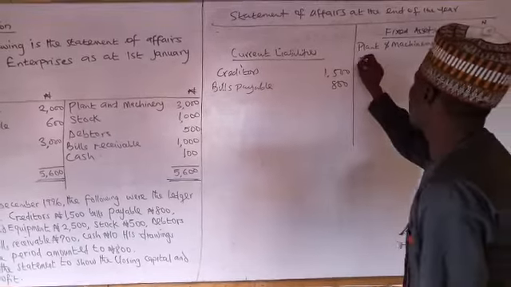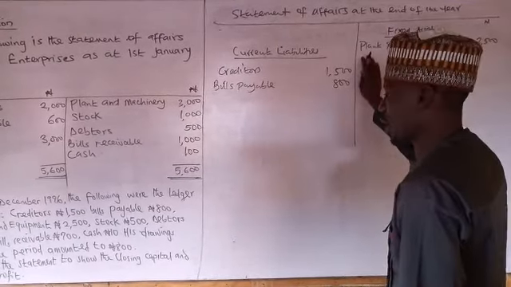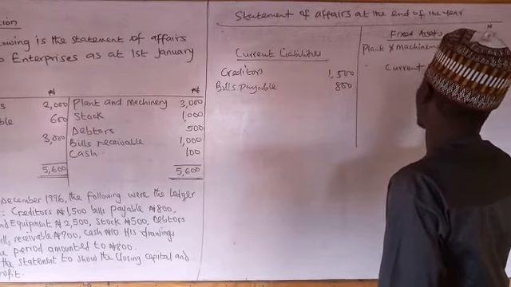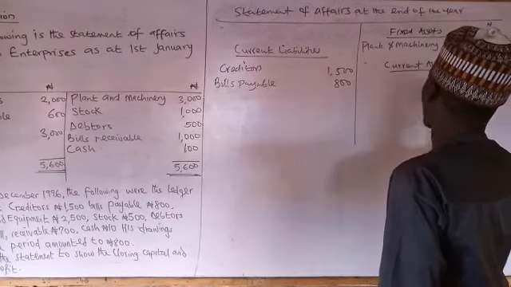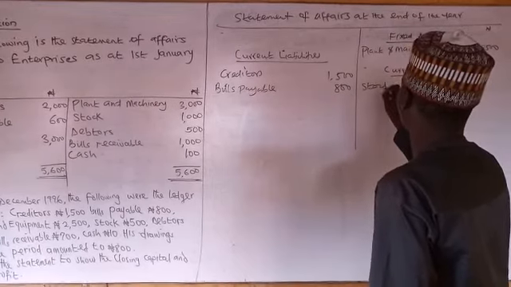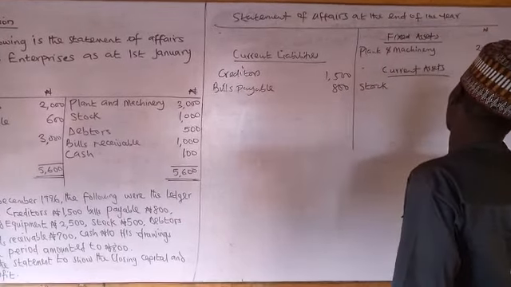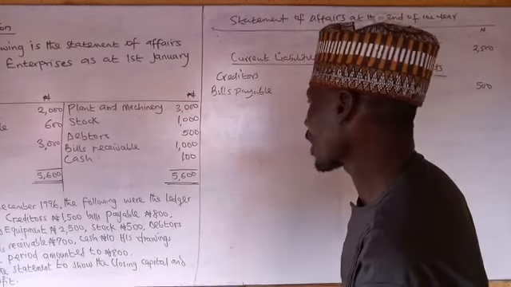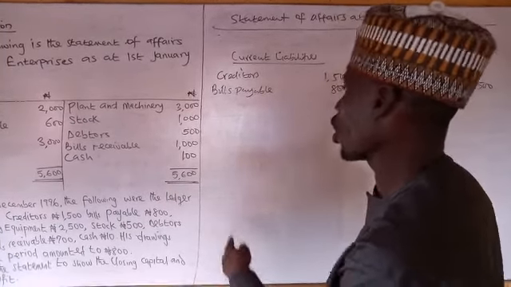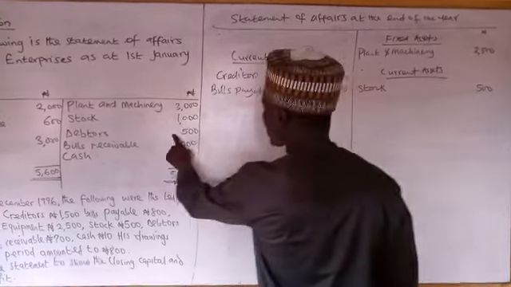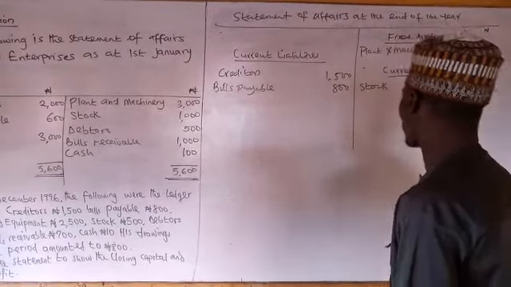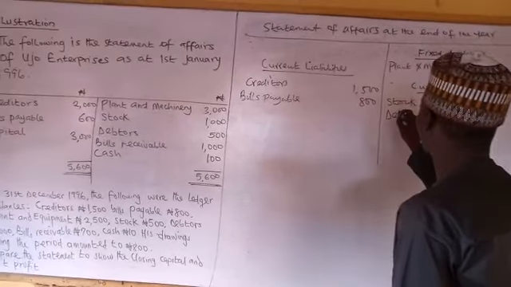Now current assets: stock, 500 naira. Debtors, 1,000 naira. Our debtors figure was initially 500, which means there has been an increase in the debtors figure at the end of the year.